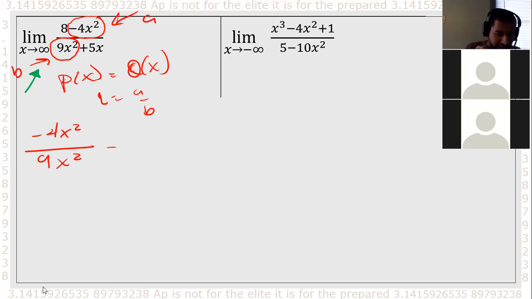We can see that the degrees are the same, right? And it's negative 4 over 9. That's my limit. Fun fact, whatever sign is attached to it, you keep it. This actually has a plus sign, so it's positive. Any questions, guys?